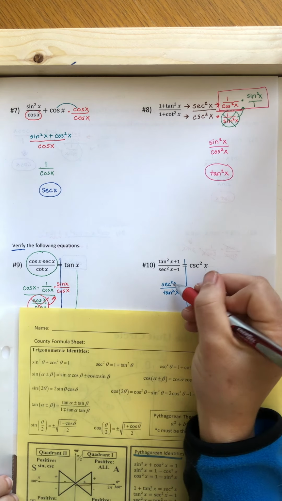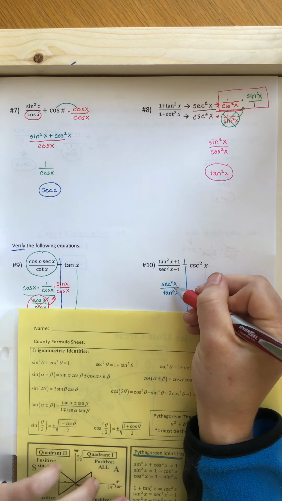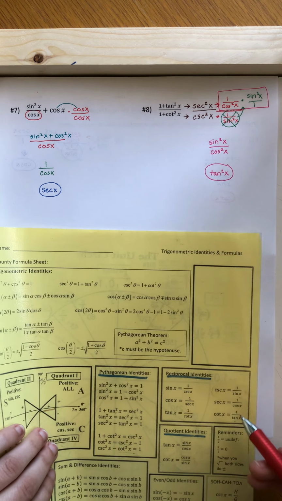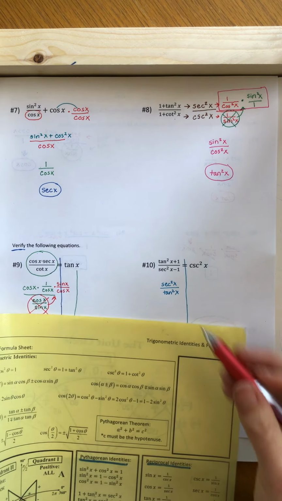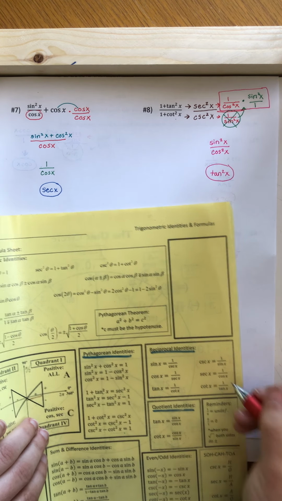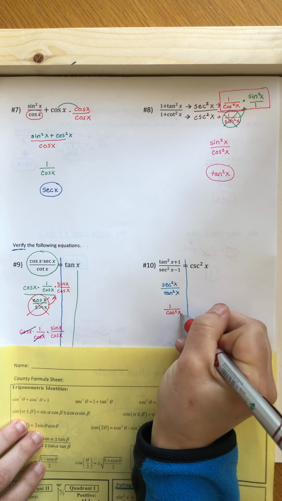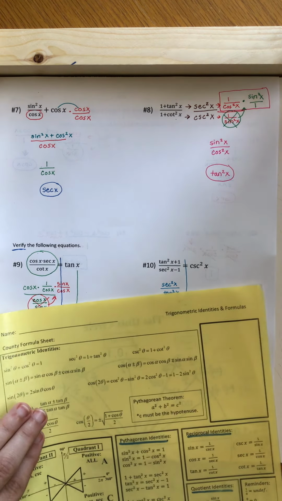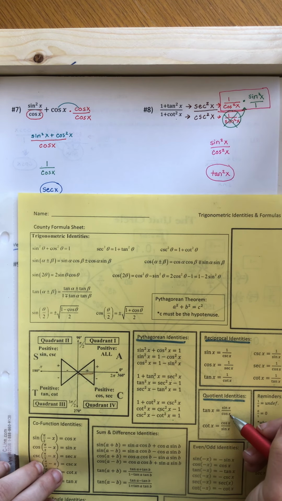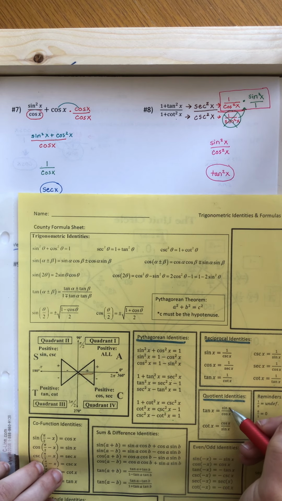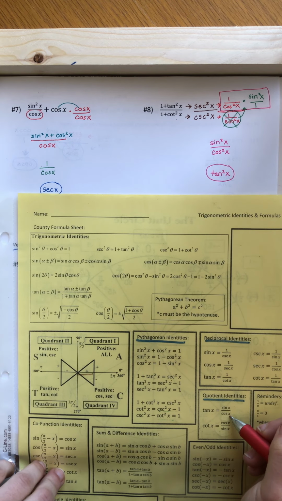Change them into sines and cosines, so secant becomes 1 over cosine. So secant squared would be 1 over cosine squared. Tangent is sine over cosine, so tangent squared would be sine squared over cosine squared.